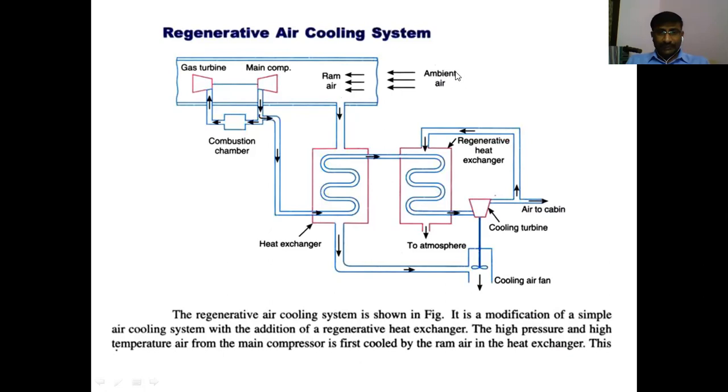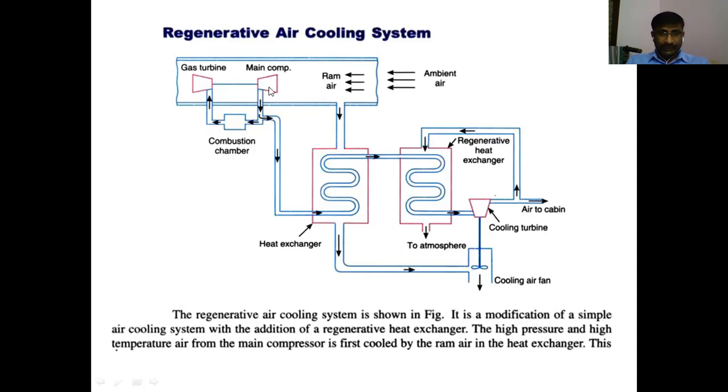First, the ambient air enters the aircraft, similar to the remaining systems. After entering, it is converted into ram air due to the ramming action. With this small rise in pressure in the diffuser, some amount of ram air will be diverted towards the heat exchanger and then the atmosphere, and the remaining amount will be sent to the main compressor.